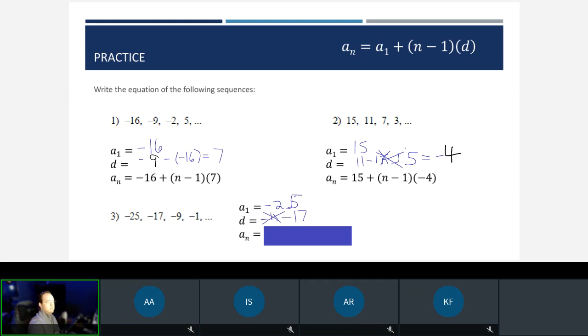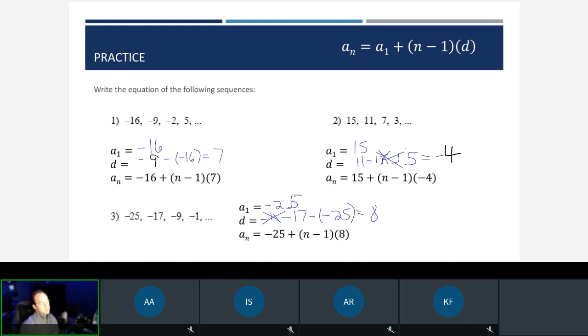Negative 17 minus negative 25. What does that equal? 8? That means our formula is this.